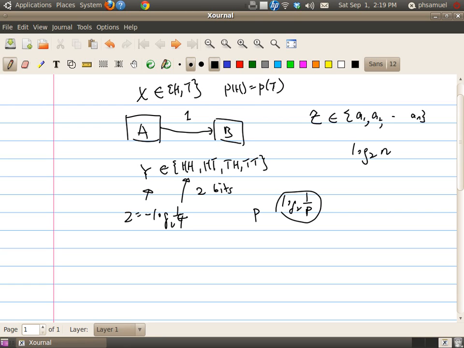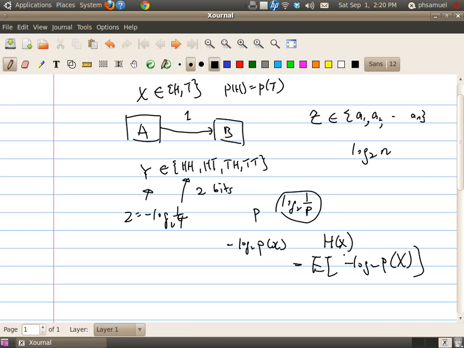But in any case, for each individual outcome, I can claim that the amount of information is minus log base 2 of p. Let's say if the outcome is x, the amount of information is minus log base 2 of p(x). So therefore, the average amount of information for that random variable X, here I will use the notation H(X), will be equal to the average of minus log base 2 of p(x).